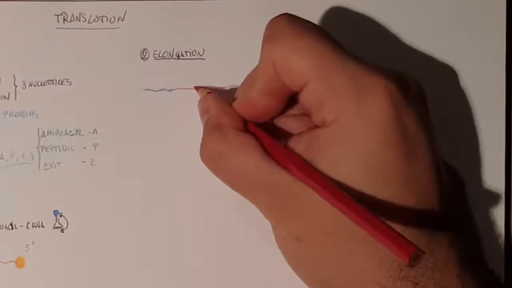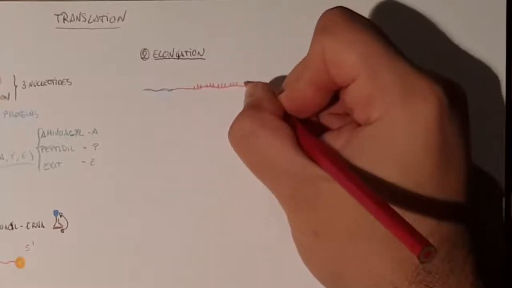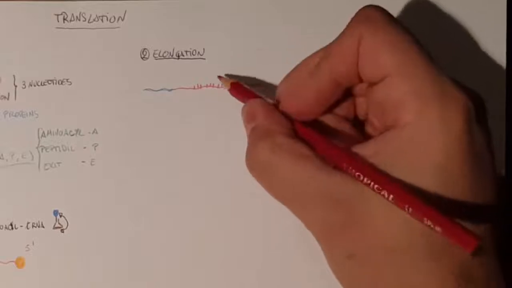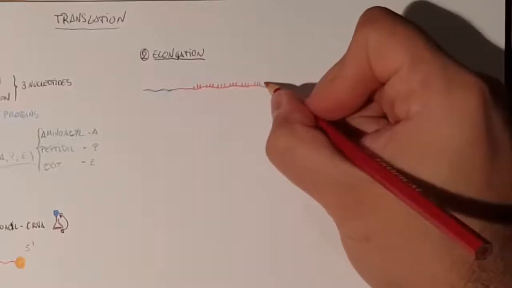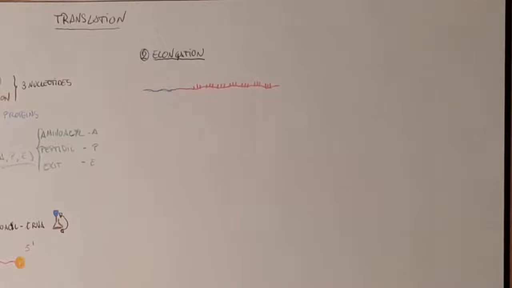We have several codons, we're going to keep it to 7, and then we have the cap.